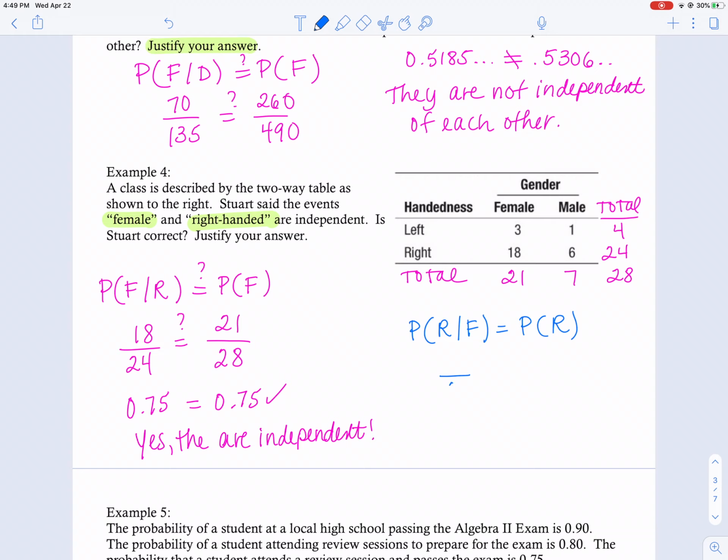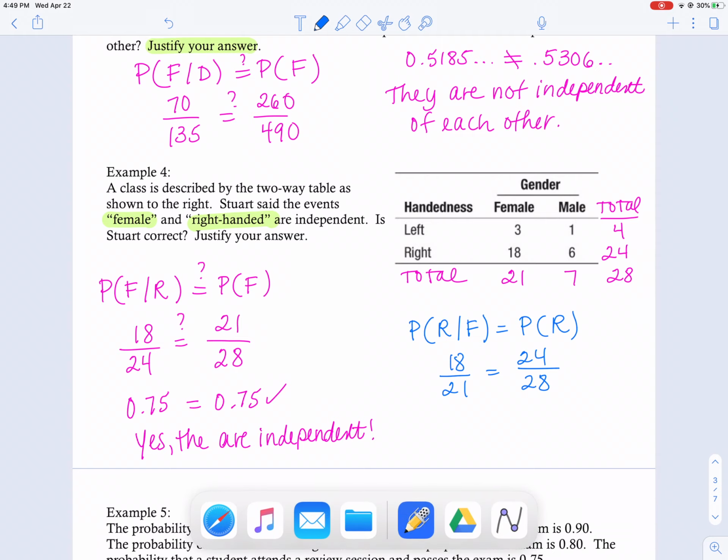There are 21 females. Out of that, how many are right-handed? 18. Does that equal the probability that you're right-handed? Well, how many right-handed? 24 out of 28. Those aren't the exact same fractions that we saw before, but let's just check. These should be equal if we're doing this right.